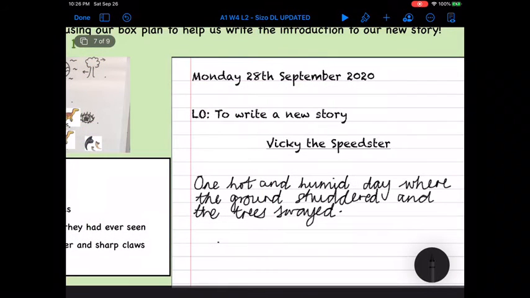And we have here one hot and humid day where the ground shuddered and the trees swayed.